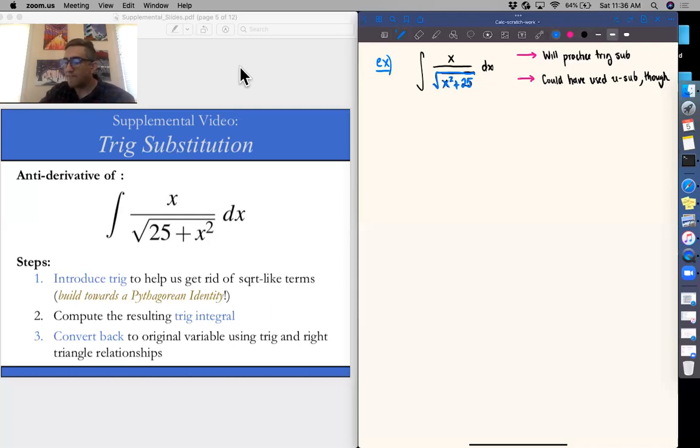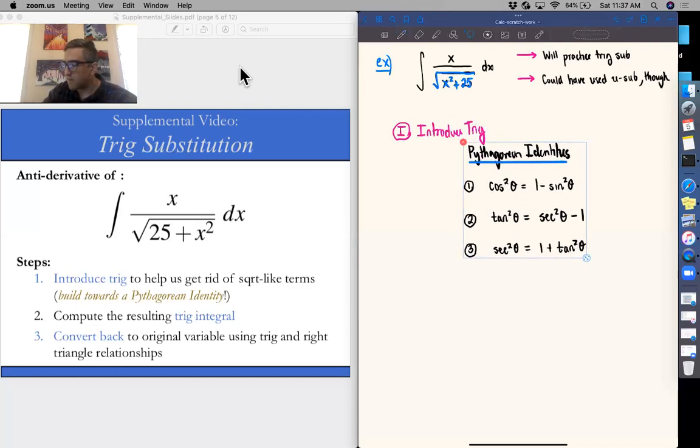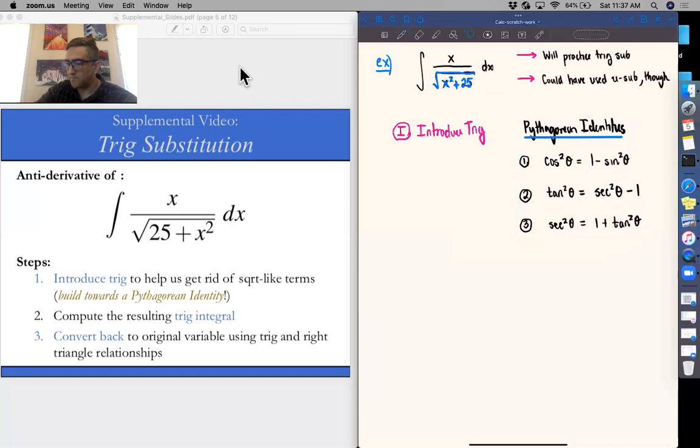Like I said, we have the square root of x squared plus 25 in this problem. So let's identify which of the Pythagorean identities is going to help us. This is the first part of these problems, basically introducing trig, and what helps us here is our Pythagorean identities.